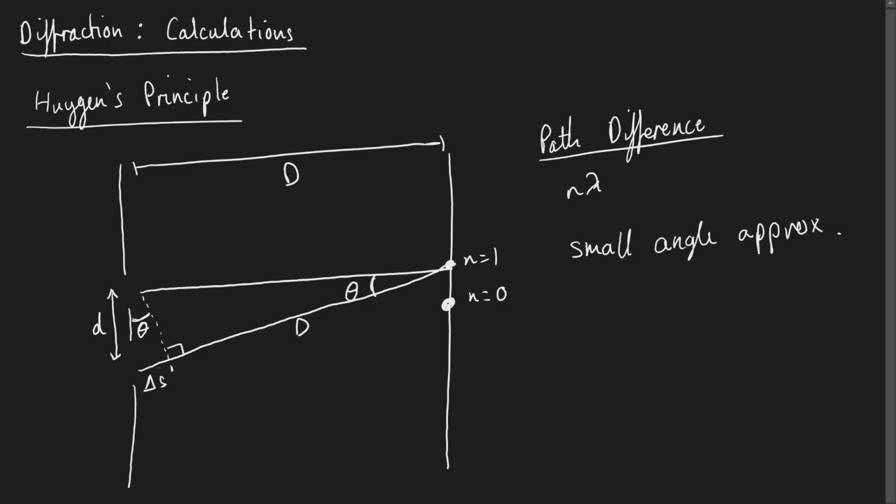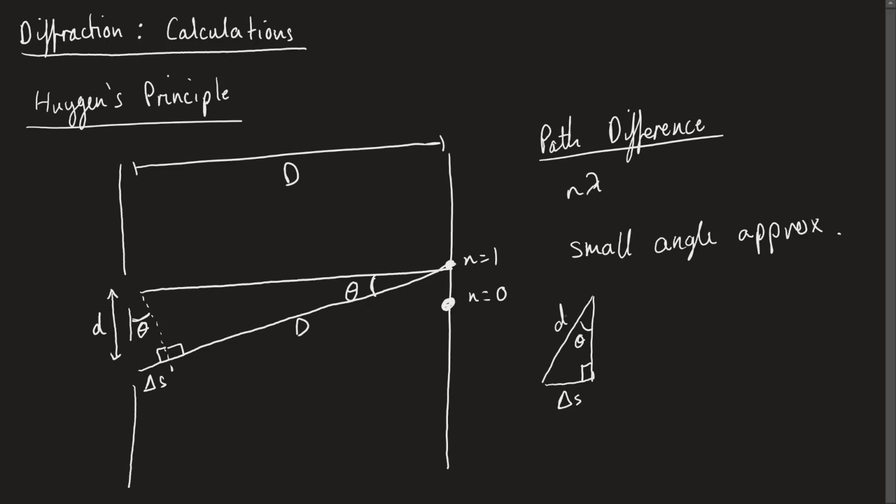Given that we know the angle and we know this side D is the hypotenuse, we have a new triangle. Let me draw that triangle here, slightly differently to the orientation it has in the diagram. This angle here is theta, this bottom here is delta S, and this hypotenuse is D.